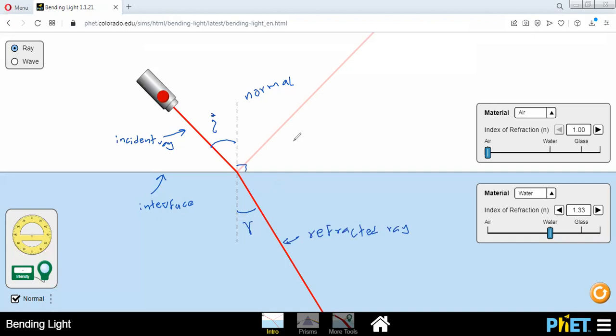You can also observe that there is another light ray, which is a reflected ray from the interface. I will explain about this ray later in detail, but this is a reflection. We actually call it a partial reflection.